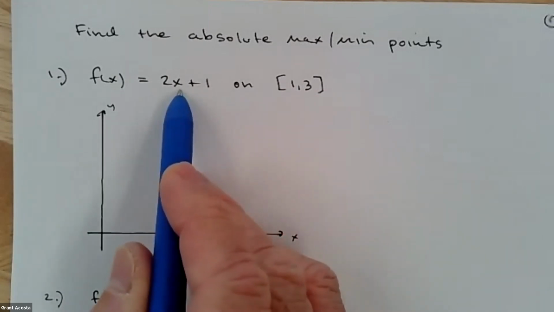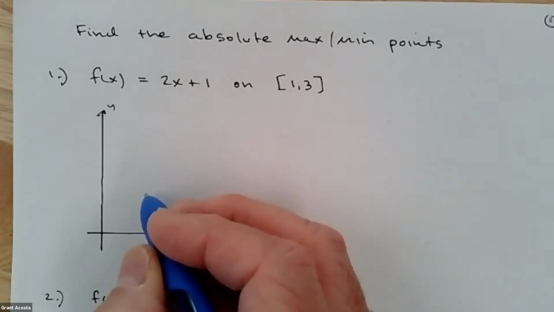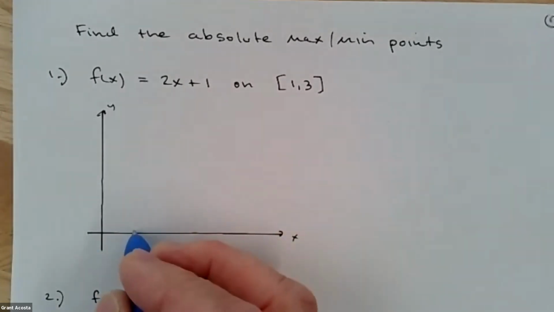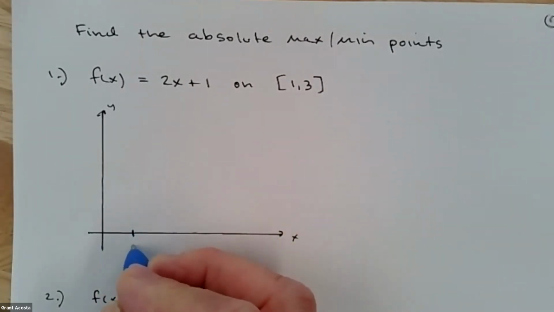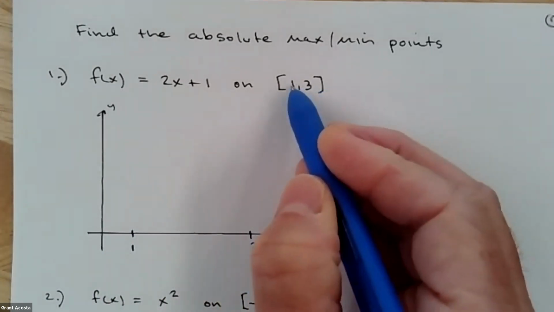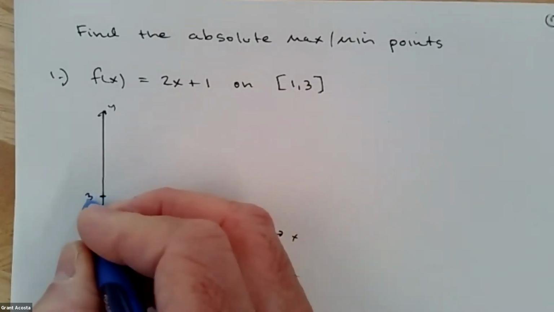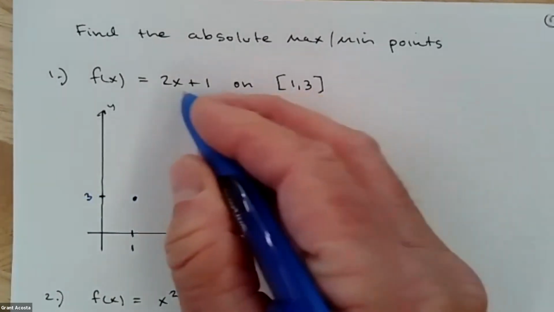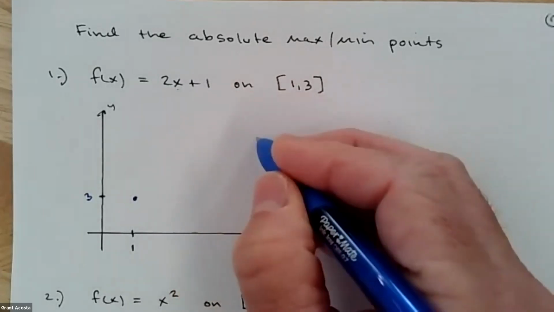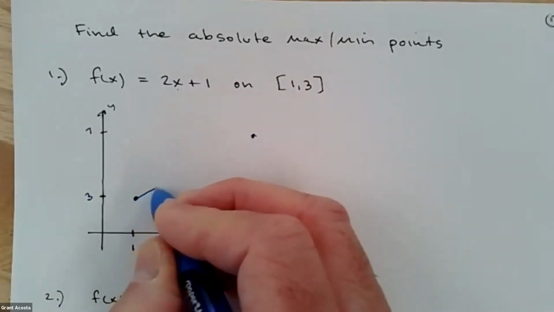This first one is just a line with a y-intercept of 1 and a slope of 2. We're only interested in this graph on the very narrow window from 1 to 3. If x is 1, my y value is 3. If x is 3 and I plug that in, that's going to be 7. So my line is going to look like this.